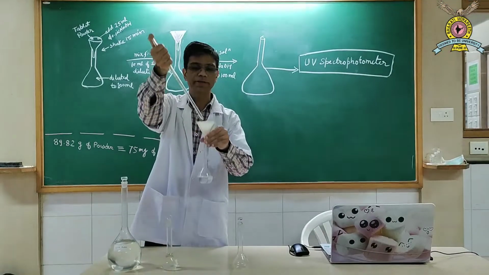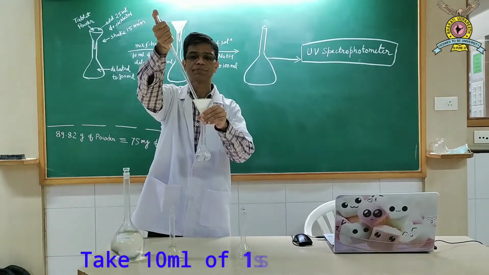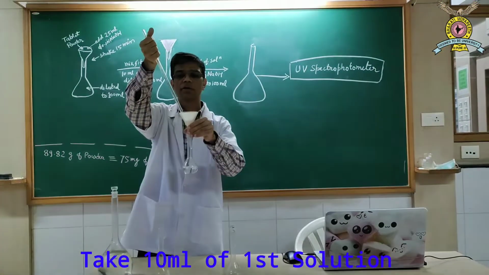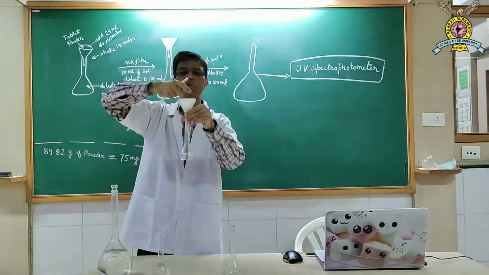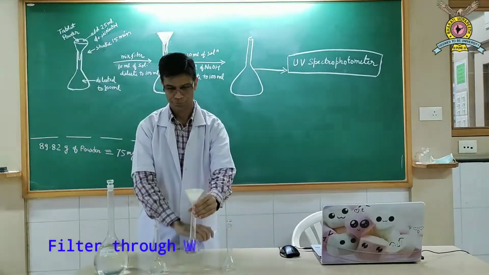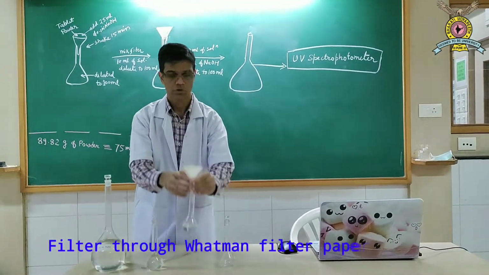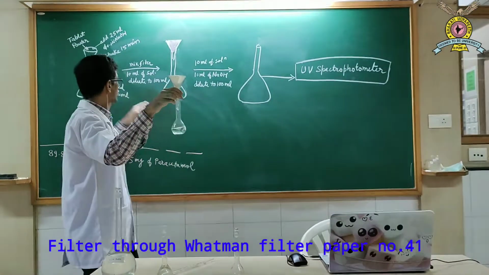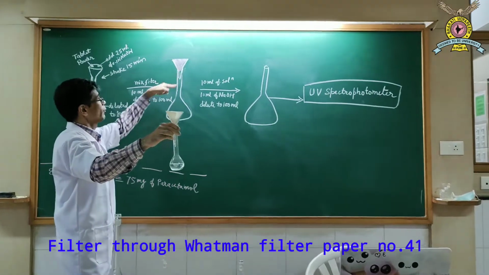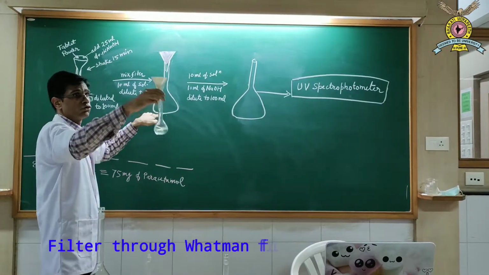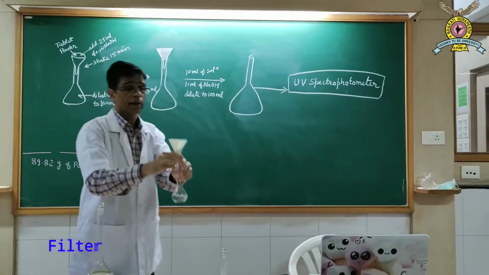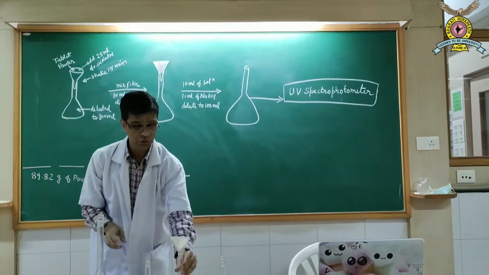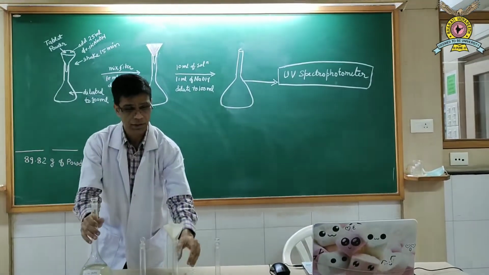Now we have to take 10 ml of the solution, and it should be filtered thoroughly. We should keep the Whatman filter paper number 41. When this is prepared, this is the solution. After that, gradually we should add the NaOH.